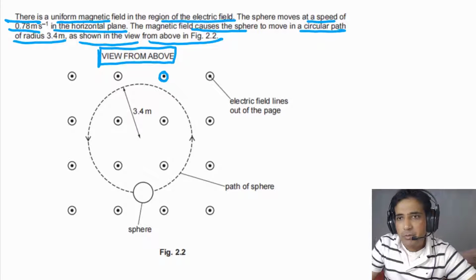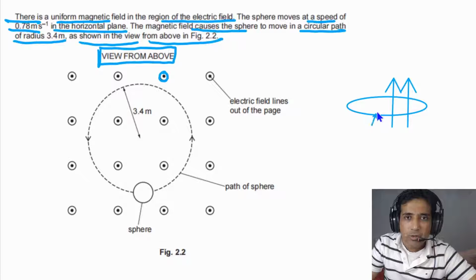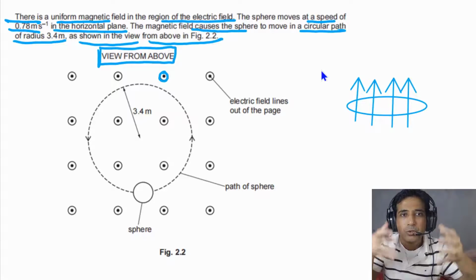We can also imagine this one by simply drawing this horizontal circle. Particle is moving in this horizontal circle, and electric field lines are vertically upward. So electric field lines are like this. They are vertically upwards in this horizontal plane. But the sphere is moving in this horizontal plane. So this is how you can visualize this.